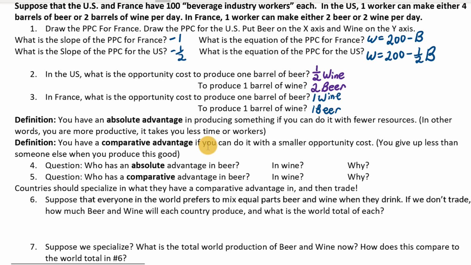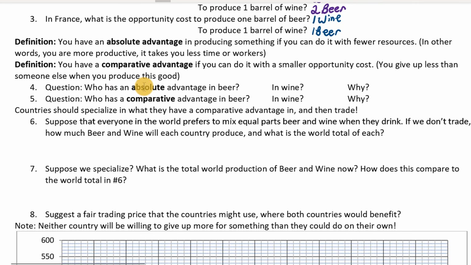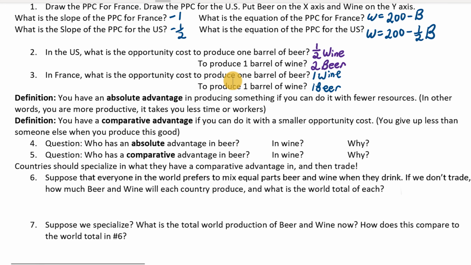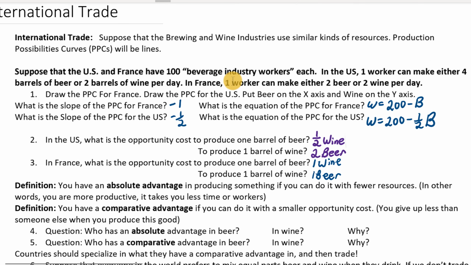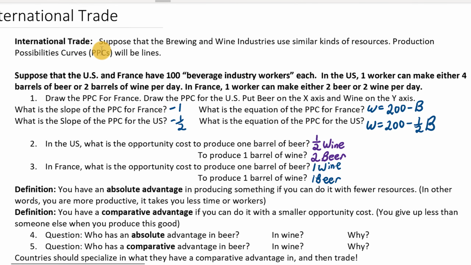Comparative advantage is if you compare two countries and one country can produce a good with a lower opportunity cost than the other country. So let's compare these two countries with the numbers we have. Who has an absolute advantage in producing beer? In other words, who can produce beer more easily with fewer resources, France or the United States? Let's go back to our original description.